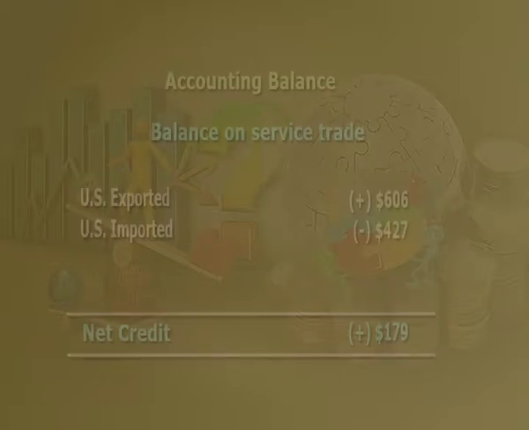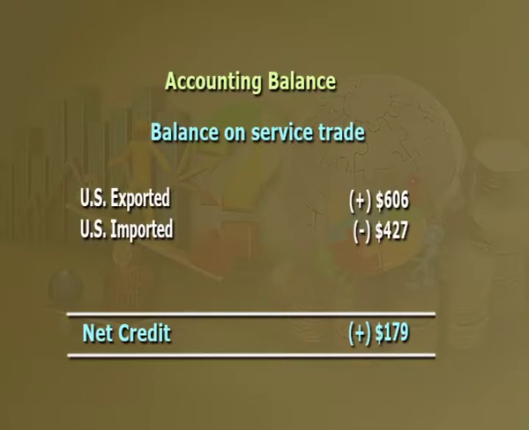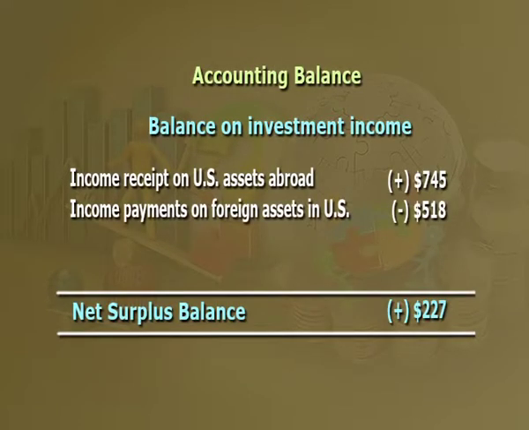On the other hand, if we look at services, the US had a net credit balance on services of $179 billion. The third component of the current account is investment income. On the investment side, the US had a net surplus balance of positive $227 billion.